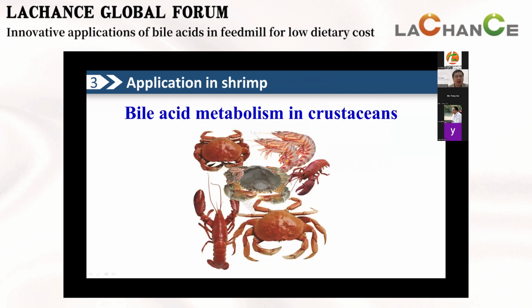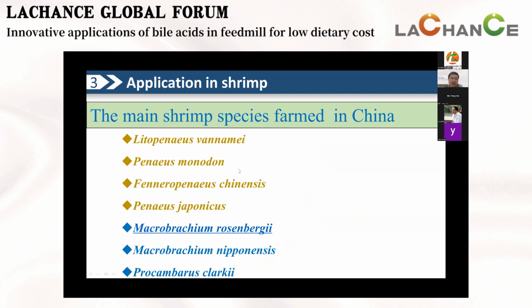And another part of the research is mainly about the bile acids metabolism in the crustaceans, for example, the shrimp, which is a very big species in China and in the world.